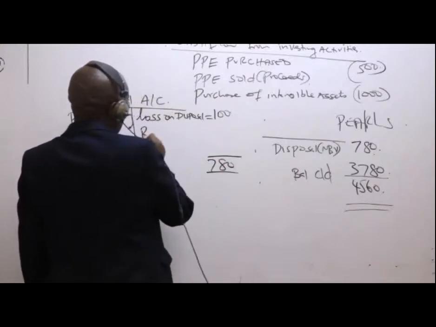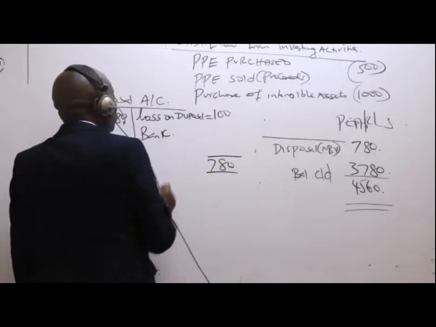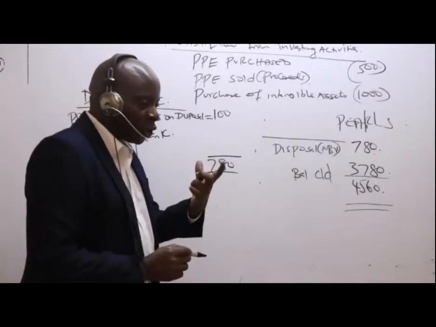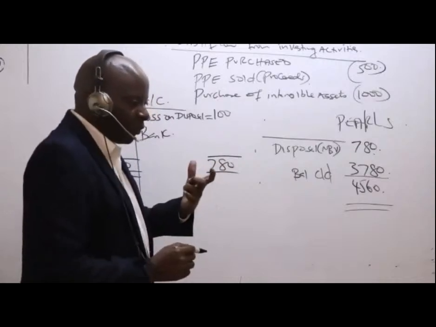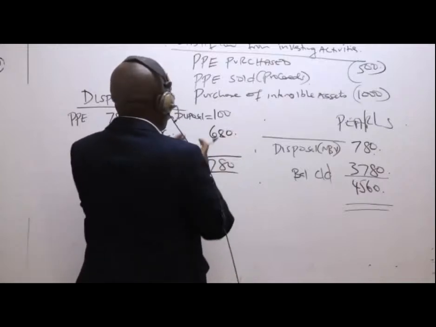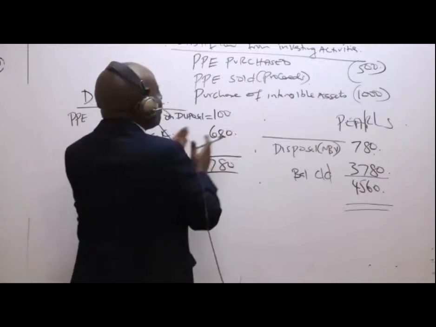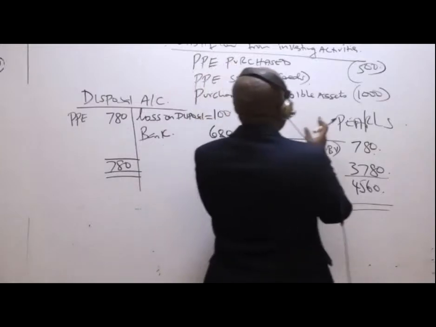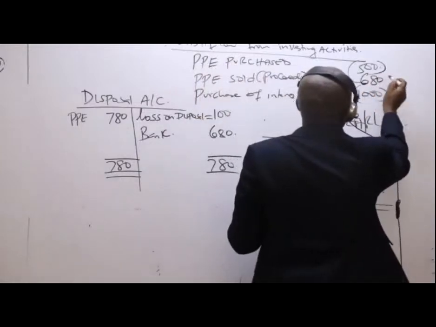So it means that out of whatever we disposed, we received how much in form of cash? 680. This is what we received, 680. So we credit this account, we debit bank, and then we bring this to the cash flow statement. And mention here, PPE is 680 positive.